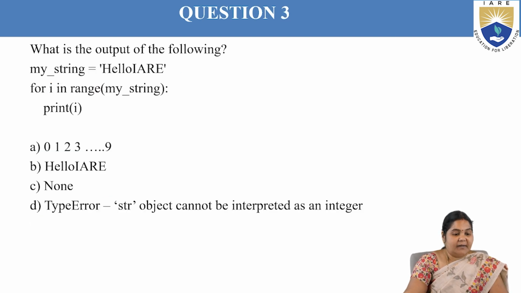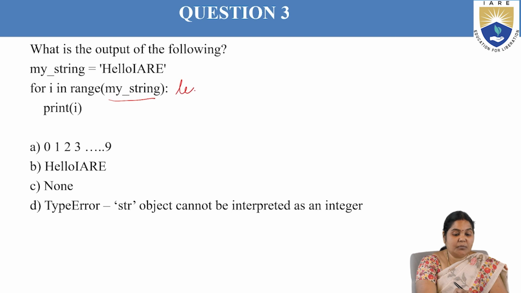Now, there is a string, my string. Initially, it contains hello IARE. Now, for I in range of my string, print the value of I. Now, what is range you are talking about?